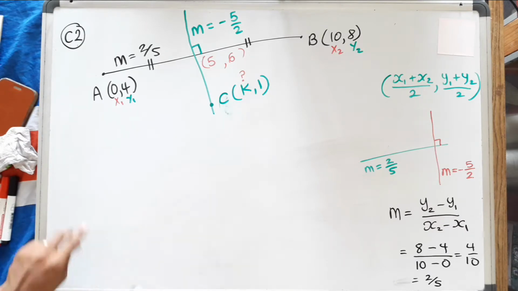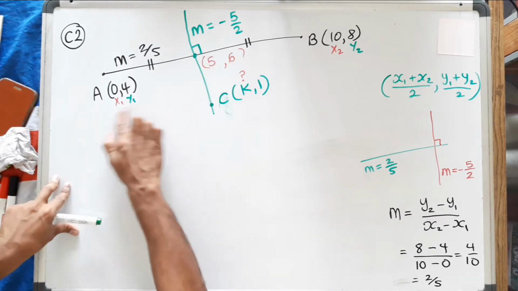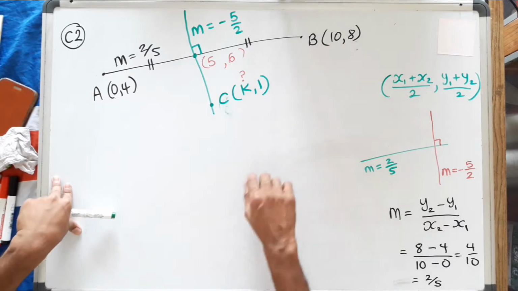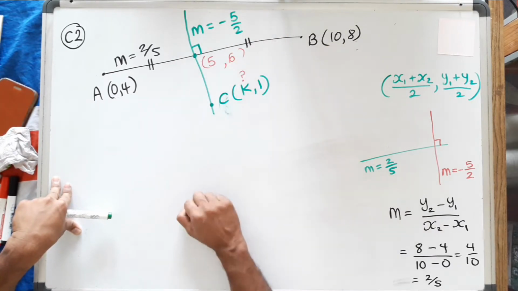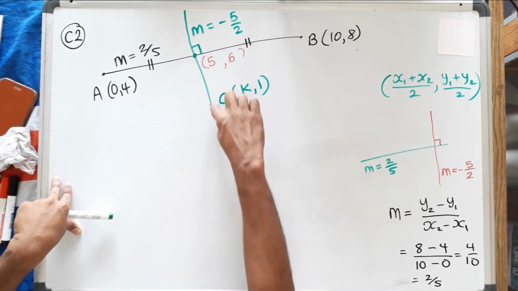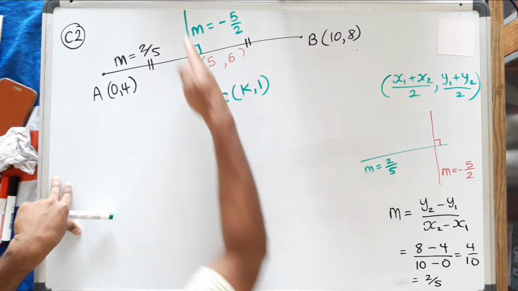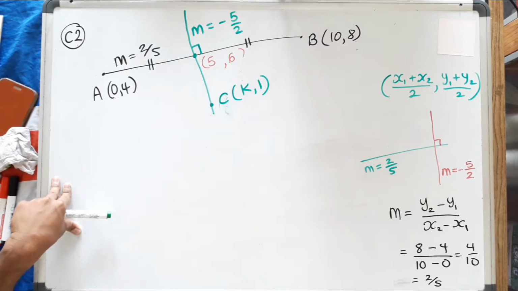Well, let's pay attention to the green line now. I don't care about the black line anymore. The gradient of the green line is minus 5 on 2. So if I find the gradient of the green line using these 2 points, because these 2 points are on the green line, it will be equal to minus 5 on 2.